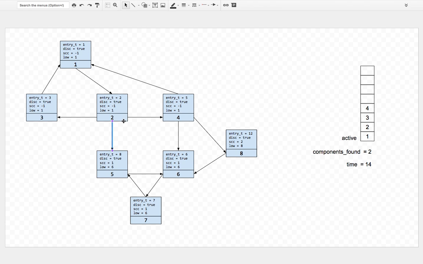Instead, it points to a vertex that we can get to from 2 in the tree. That is, it points to a descendant of 2, because we could get to 5 following our original tree path by going 2, 4, 6, 7, 5. So 5 is a descendant of 2. In this case, we say that this edge, 2 to 5, is a forward edge in the graph.